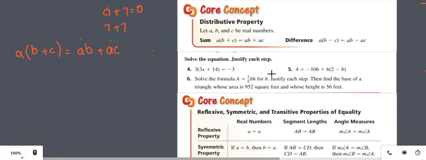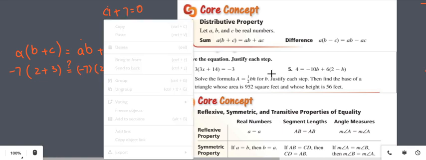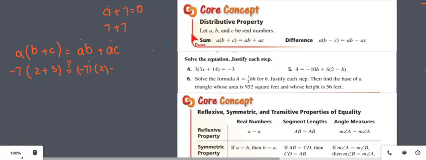For example, suppose the value of a is -7, the value of b is 2, and the value of c is 3. Just check whether they are equal or not. I'm replacing a with -7, b with 2, and again a with -7 and c with 3.